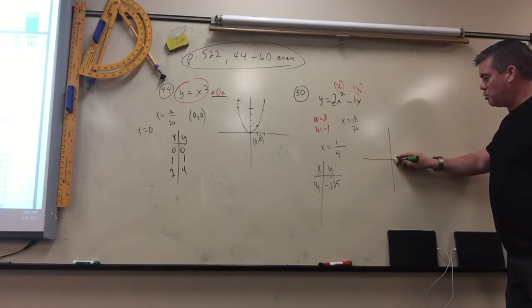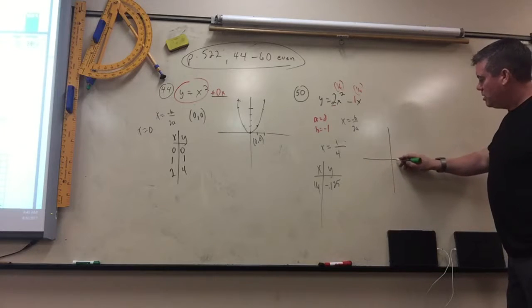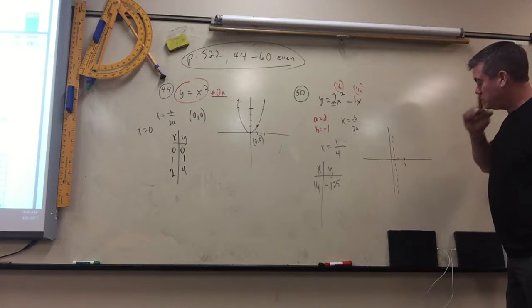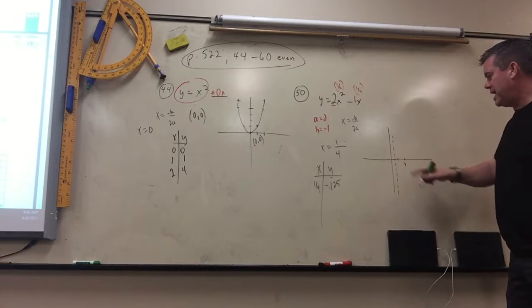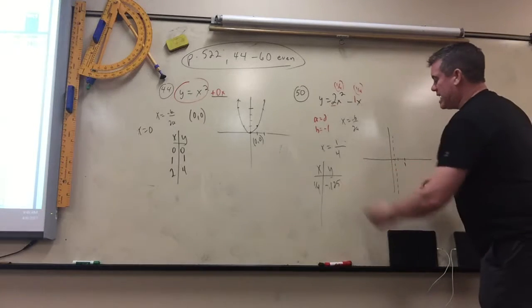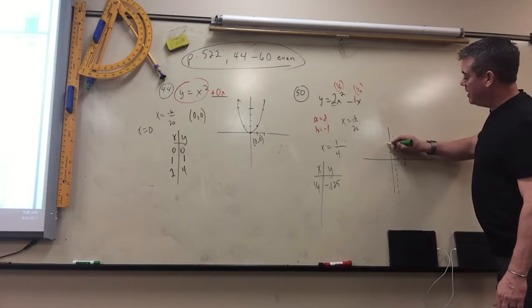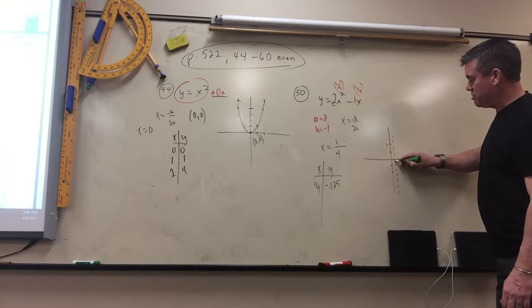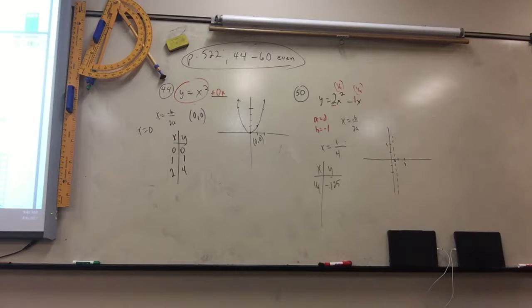Or if you just count this as 1, then you just estimate 1/4 is right there. Which do you want to do? Half. Half, okay. So then 1/4 would be right there. So just put a 1 over on the second spot to show that that's a half. And then it's down 0.125. So if we do the same on this, if that's a 1, 0.125 is just still right below right there.